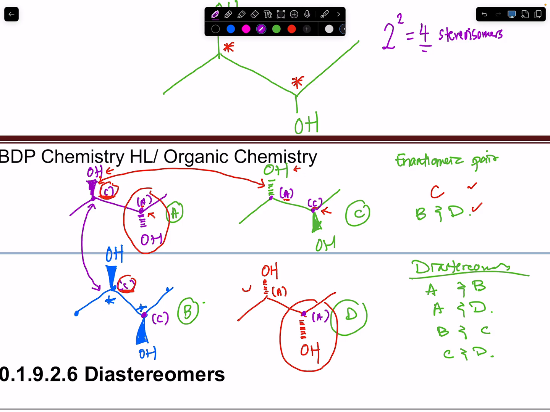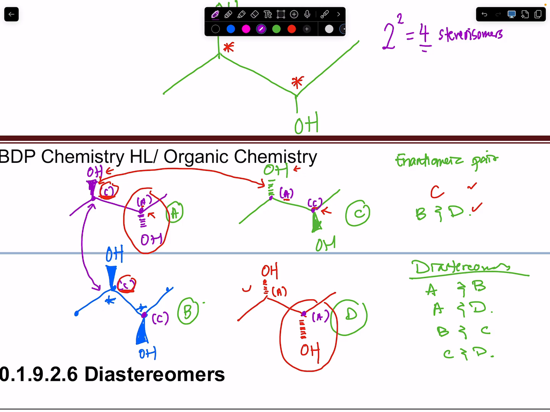And the other chiral centers, it could be different or the same, it doesn't matter. Does that make sense, guys? Okay, let's repeat that. For you to be enantiomer, you need to be different at every single chiral center. But for you to be diastereomers, you need to be same at just one. Once you are same at one, that means that you are confirmed cannot be enantiomer already. You are a diastereomer of this molecule.